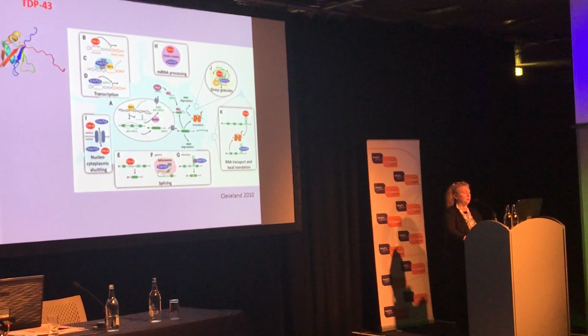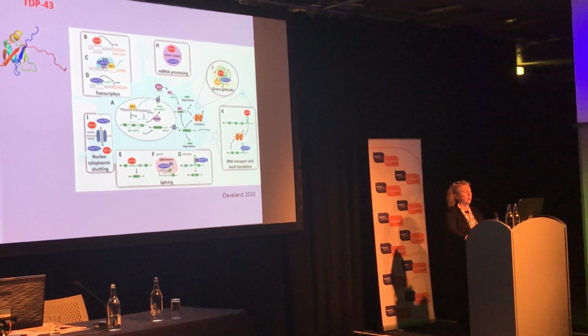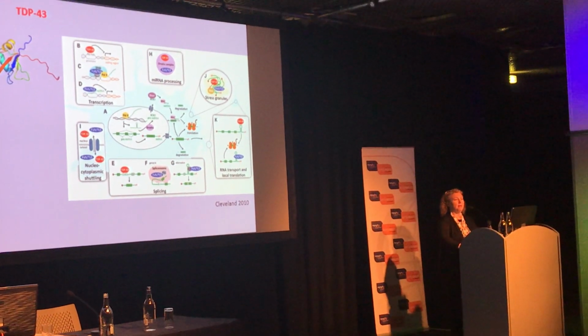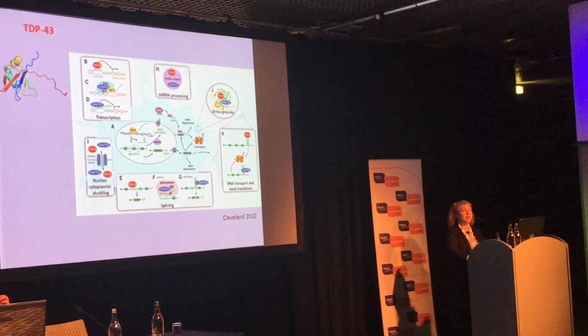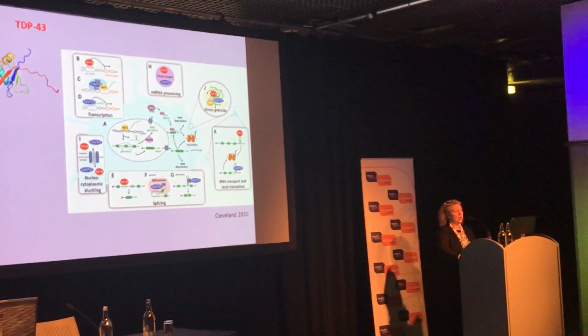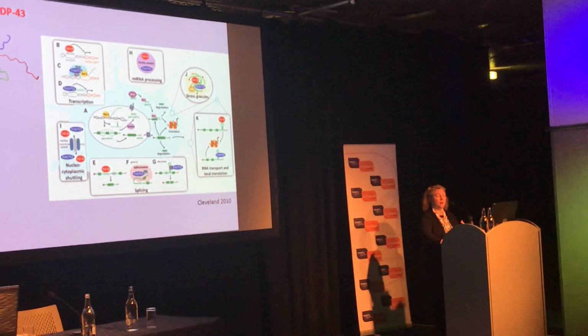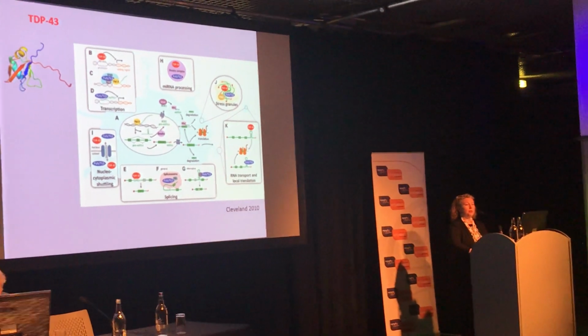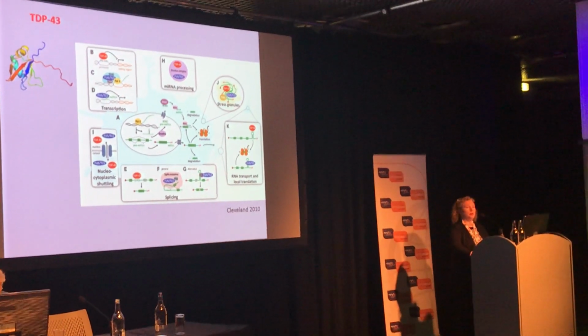To this audience, I don't think I have to tell much about TDP pathology, but one thing we have to know is that TDP plays a very important role in many biological events. Initially we thought it was important for RNA metabolism, but now we know that it has numerous other roles.